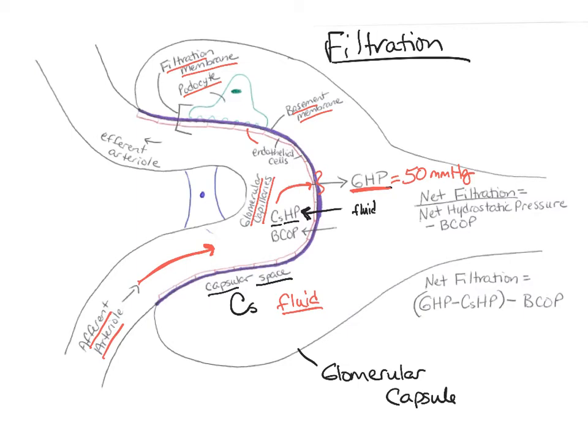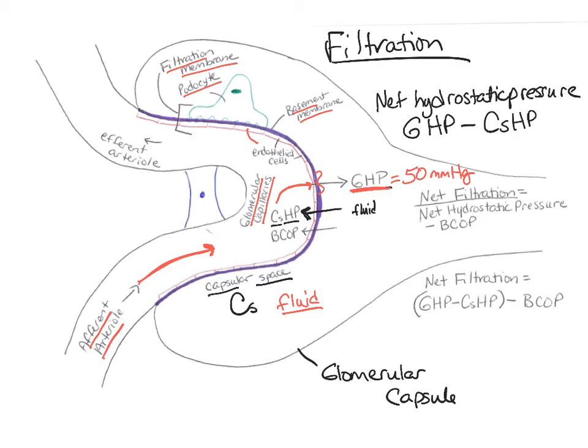So let's go over that again. So there is a net hydrostatic pressure. If all we're looking at is hydrostatic pressure, the net hydrostatic pressure is going to be the glomerular hydrostatic pressure from your heart beating and pushing the blood against the filtration membrane minus the capsular hydrostatic pressure, which is the fluid in the capsular space pushing back against that filtration membrane.